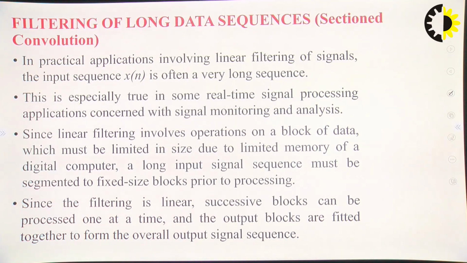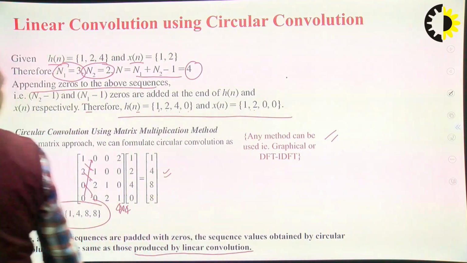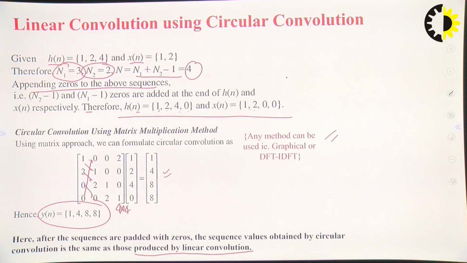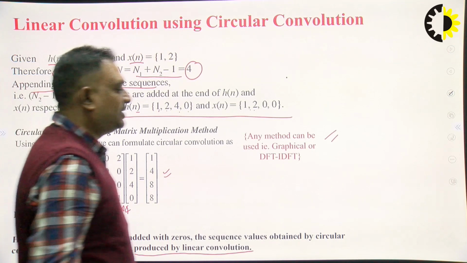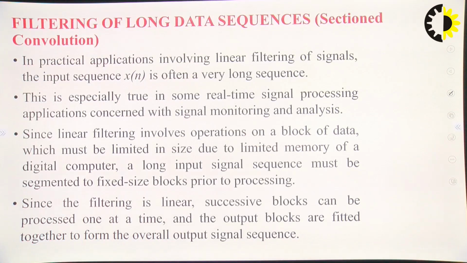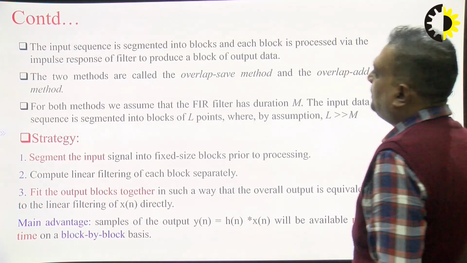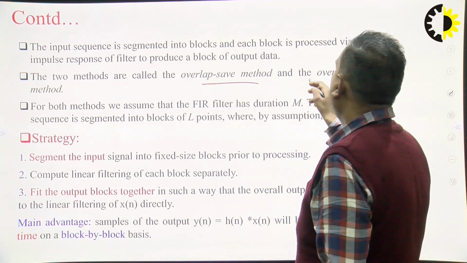Another aspect is sectioned convolution. In the case of linear convolution, if one of the sequences is of infinite duration or a very long sequence, then this can be done using sectioned convolution. Sectioned convolution consists of two types of methods. One is the overlap save method, and the other one is the overlap add method.